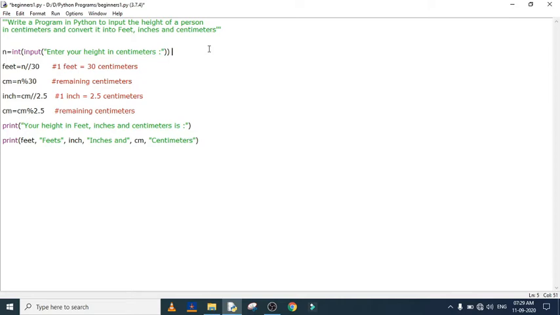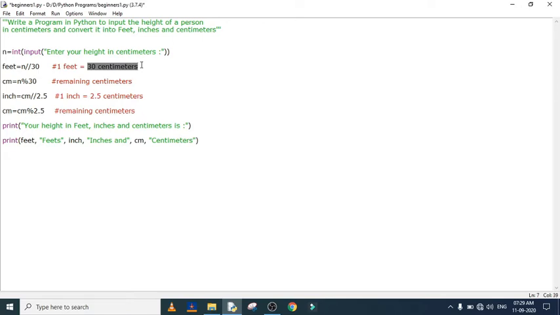What is the role of floor division? Floor division gives you the quotient. I have divided by 30 because the centimeter value is given and I need to convert it into feet. So 1 foot equals 30 centimeters. So I have divided the total number of centimeters by 30 here.